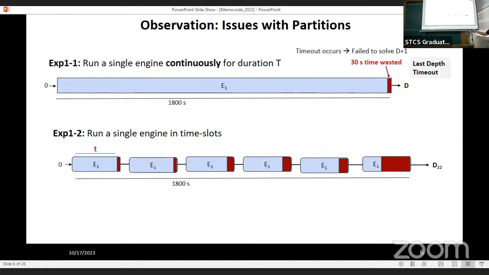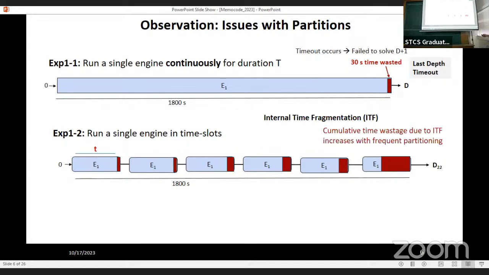Now, when we ran the single engine in time slots, these wasted-time states started accumulating in every small t time slot. That gave us the feeling that if you restart too frequently, this wasted time will accumulate in every restart window, because every window will have a small unfinished time in which it's not able to make progress.